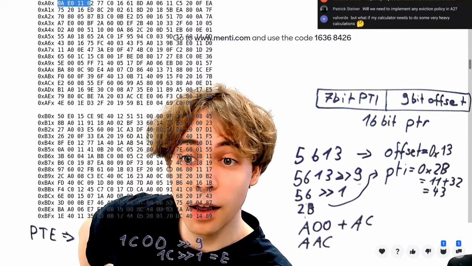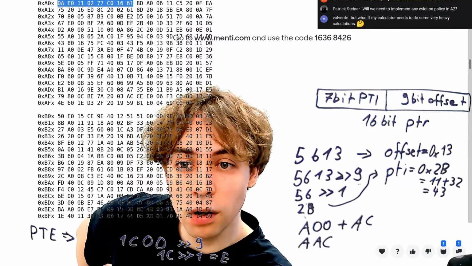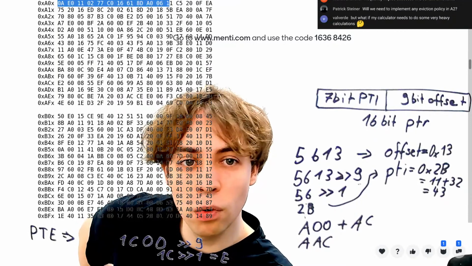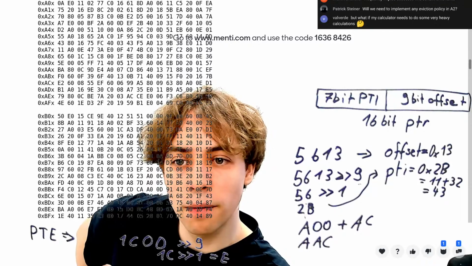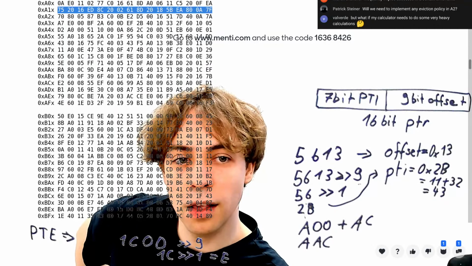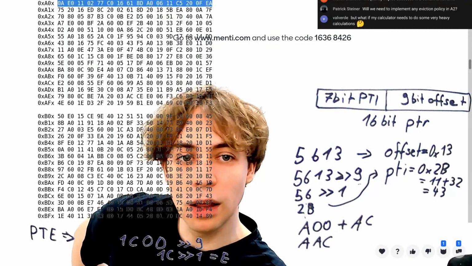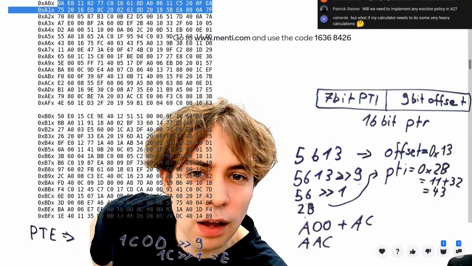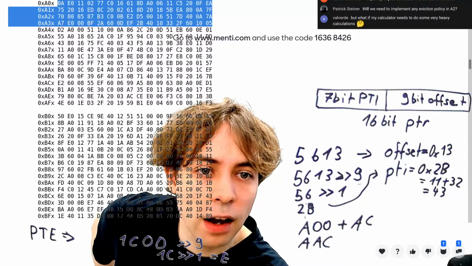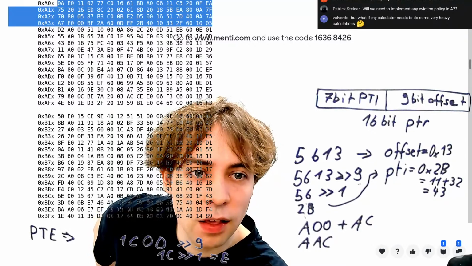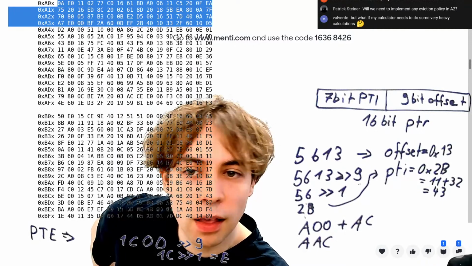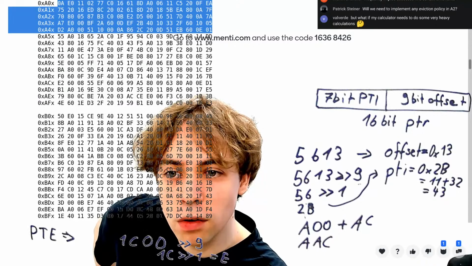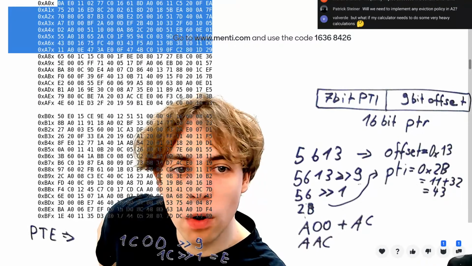So let's start again. 0, 1, 2, 3. Okay, so then we have 4, 5, 6, 7. So this would be 3, 7, that would be 15. The last index here would be 15. Then let's add another 4 lines, 1, 2, 3, 4.